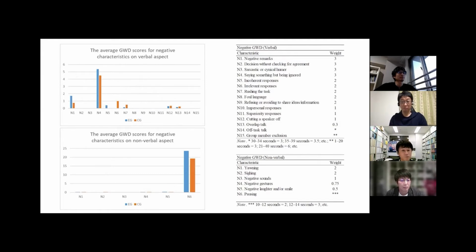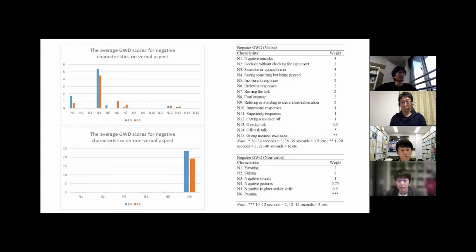The only two characteristics that stood out were verbal N4, saying something about being ignored, and nonverbal N6, posing. However, it is more likely that these were silence and posing caused by the participants' insufficient English ability rather than negative behavior toward group activities.